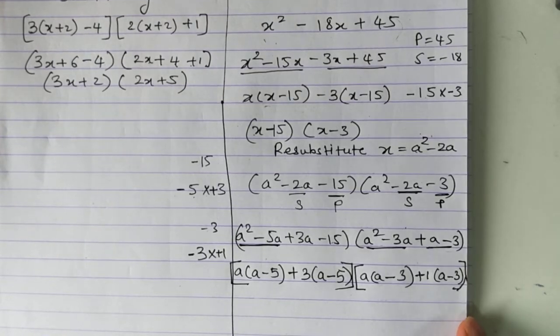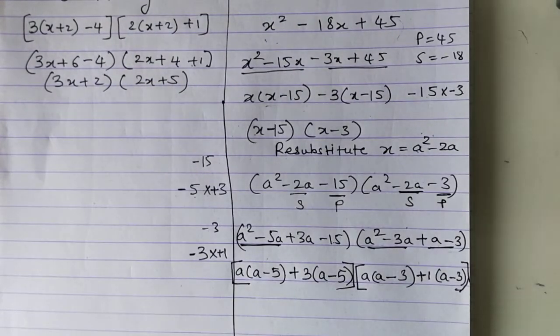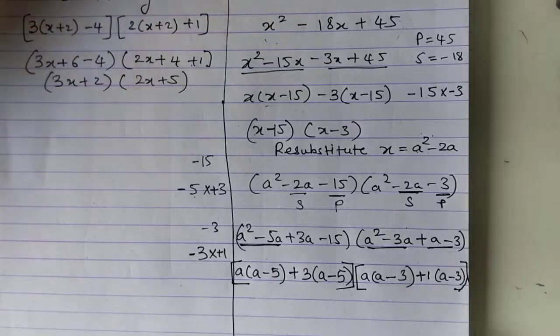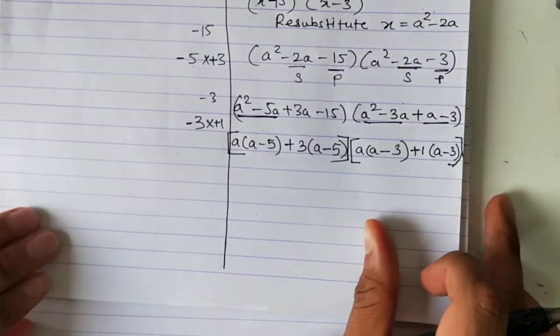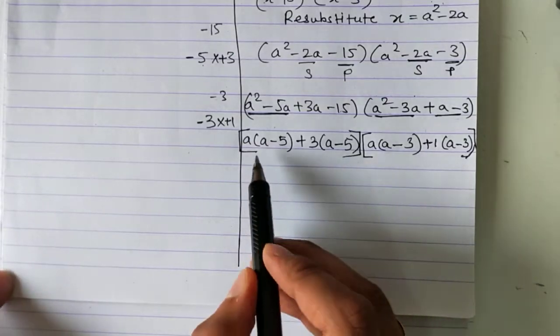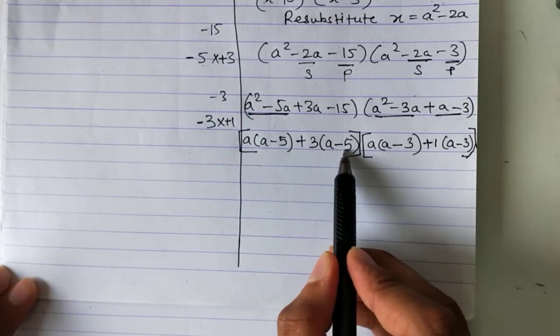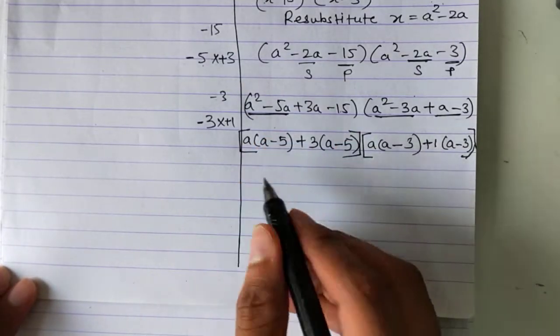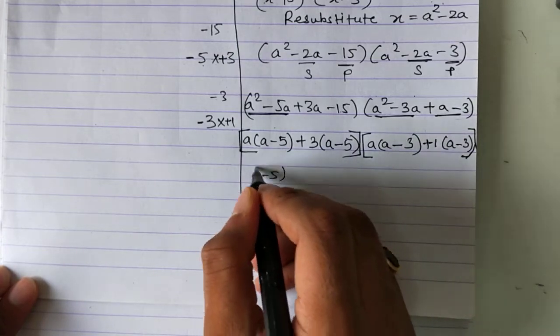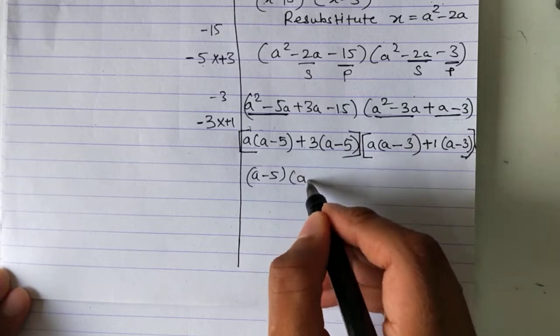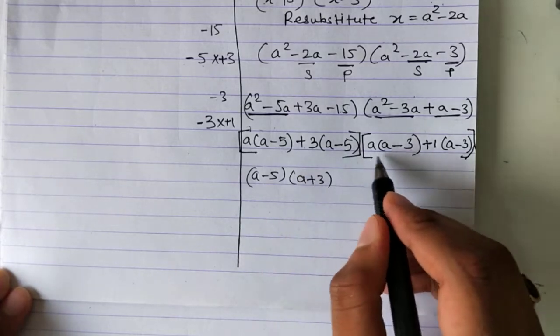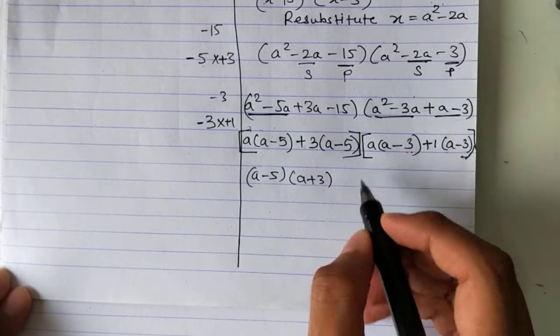Okay. Then here a minus 5 can come common. What will remain? A plus 3. Here a minus 3.